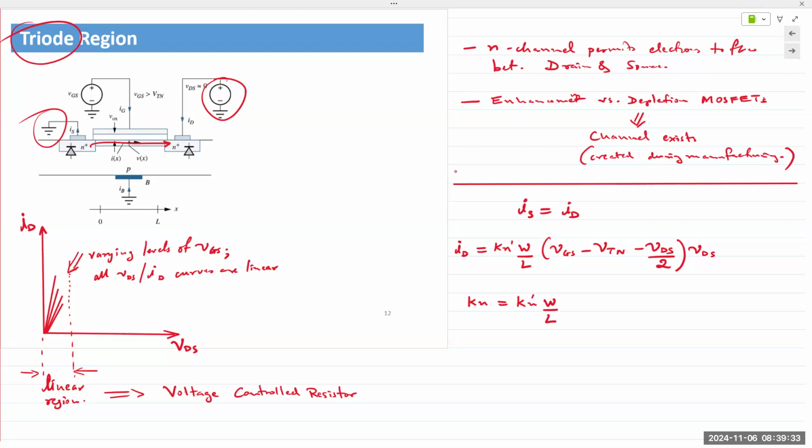Both of these, Kn and Kn prime, are known as transconductance parameters.